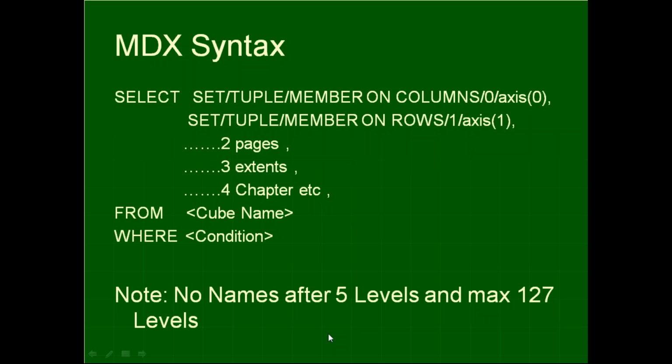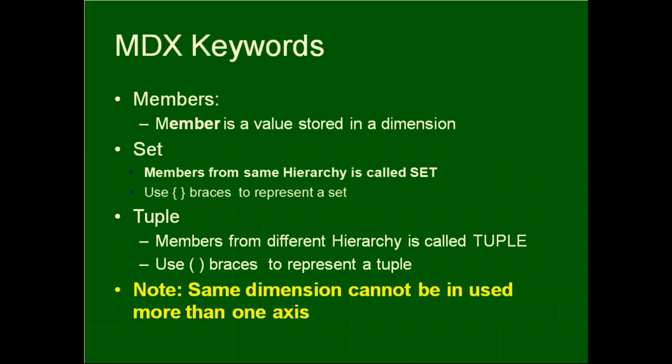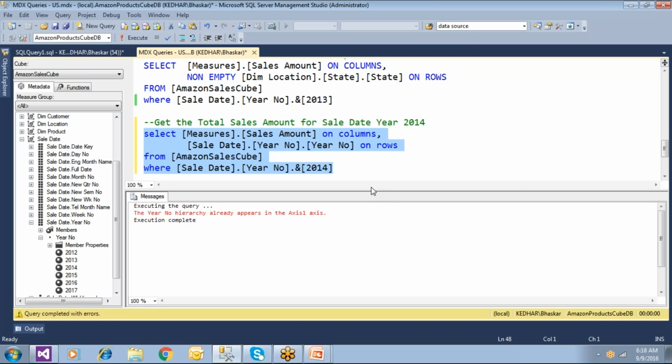I told you yesterday, the same dimension or same hierarchy or same column you cannot have here and there. You have used sale date dot year number, and it is already used. When you repeat anything, it is going to give you an error.